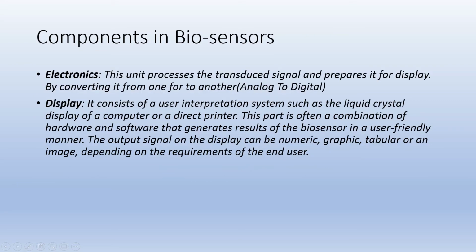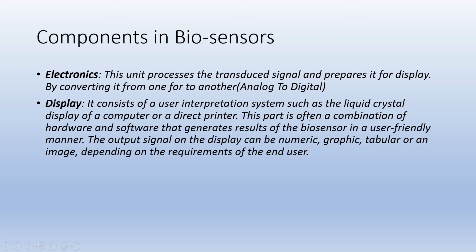It consists of a user interaction system such as the LCD, that is liquid crystal display of a computer, or a direct printer. That is, the display might be an LCD to display the user interaction system, or that might be a direct printer.